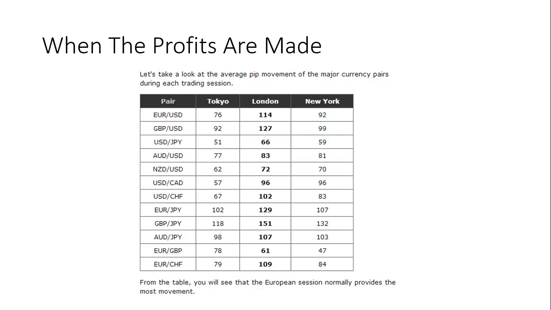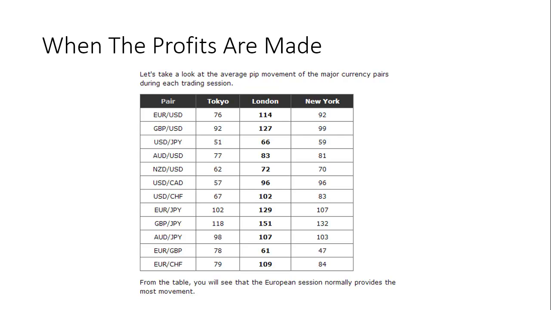And remember some of those currencies we looked at, such as the Australian dollar, Japanese yen, 107 pip movements on average, only a little bit more than, say, the New York session, but still gives you a pretty good idea of when and by how much the markets are moving during each trading session. So if you're trading along London hours, you've got more chance to capture more pips, and that means more profits.